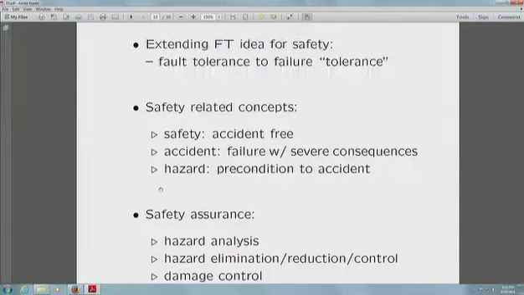So in this case, the signal that the rail crossing arm was not down is one of the preconditions that lead to the accident. The precondition is something associated with it, but it's not necessarily a guarantee of an accident, because when it's not down, maybe you have a very fast race car and you can pass through it.